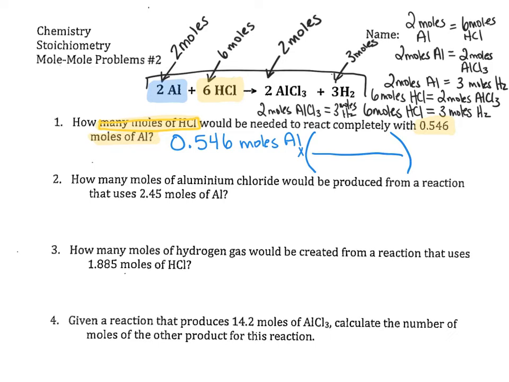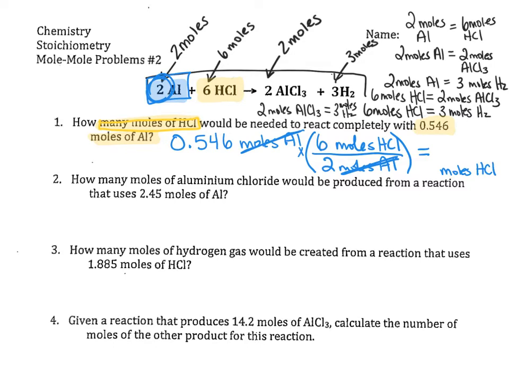According to our recipe here, we know that 2 moles of aluminum have to go in to react with 6 moles of hydrochloric acid. And the reason I put my coefficient of 2 on the bottom is because that's the one that goes with aluminum. So I can cancel out aluminum, and so now my answer will be in moles of hydrochloric acid.